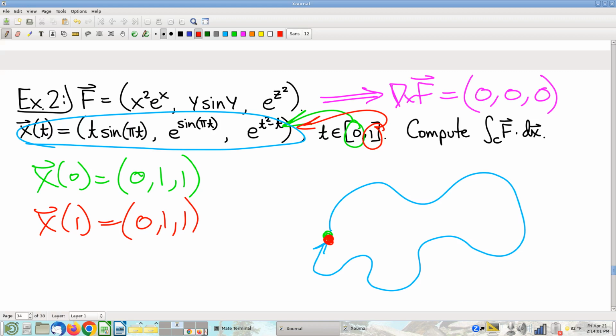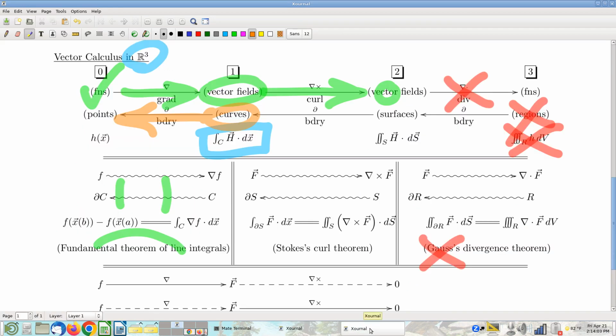Now, going back to the diagram, because the boundary is 0, as in there is no boundary, it starts and ends at the same point. Because that's 0, that means that there is some sort of anti-boundary surface. That means that Stokes' curl theorem is on the table.